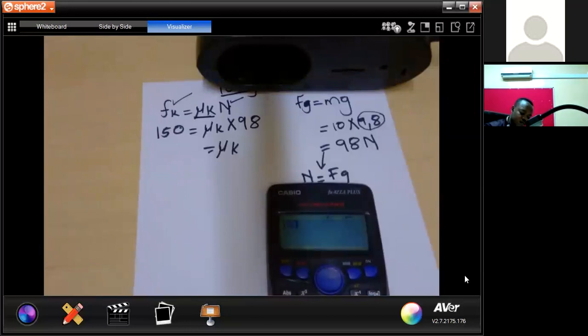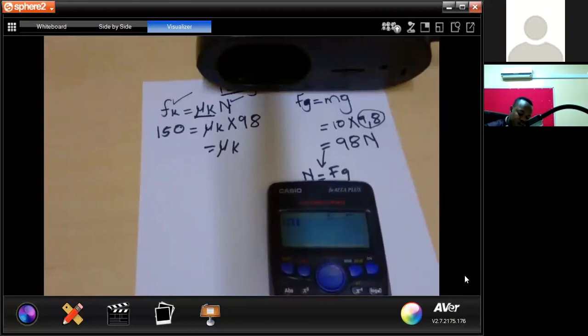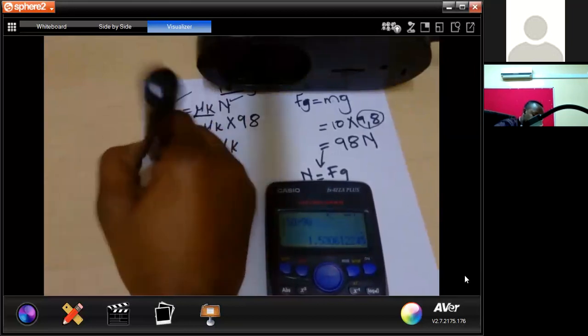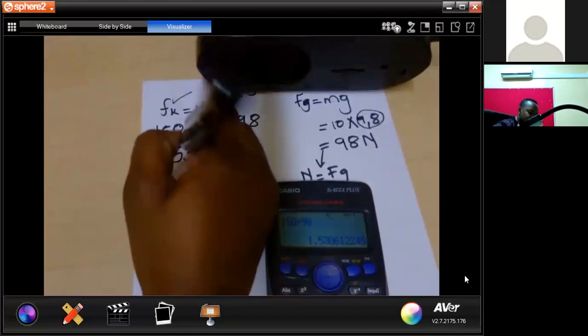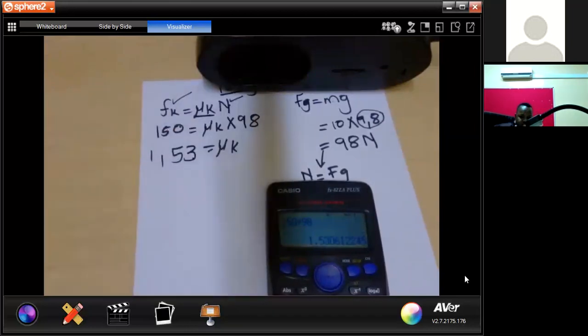Okay, there it's on. 150 divided by 98. And the value that we will get there is 1.53.